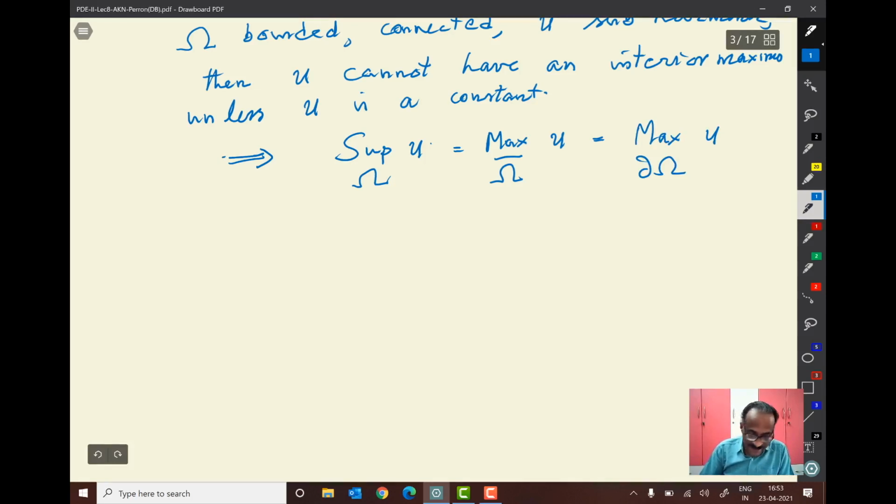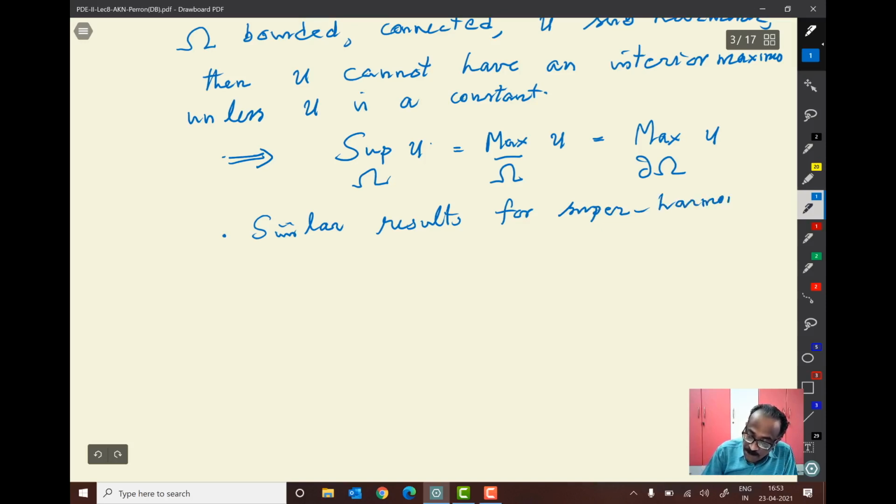You see, similar results hold for super-harmonic functions. In the case of a super-harmonic function, it cannot have an interior minimum.